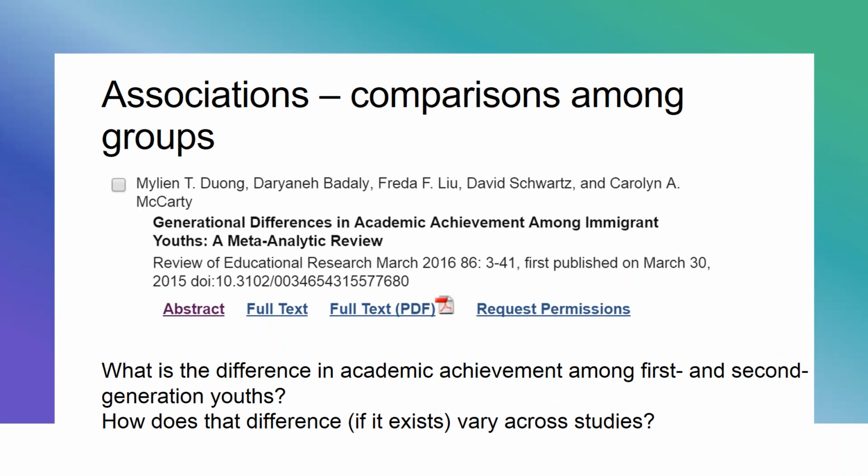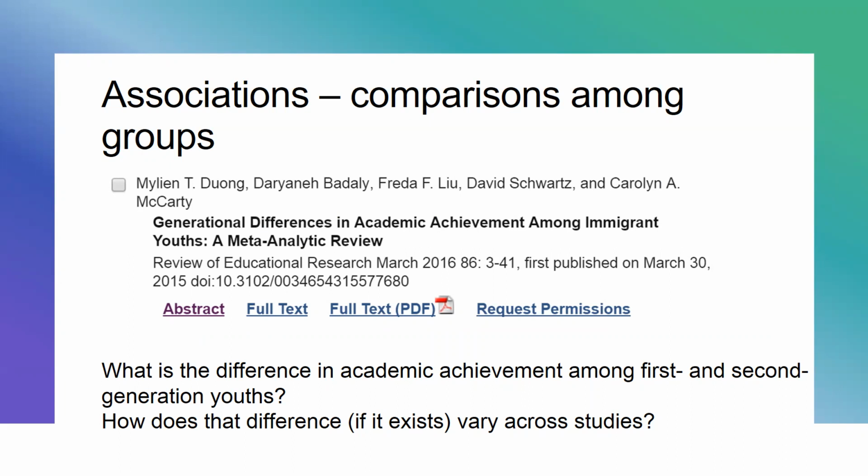Their main question was, what is the difference that is estimated across these studies in academic achievement among first and second generation youth? So children whose parents immigrated versus children whose grandparents immigrated and so forth.